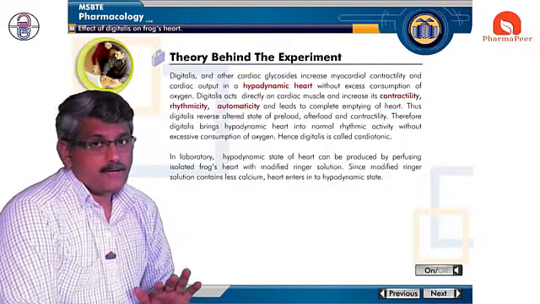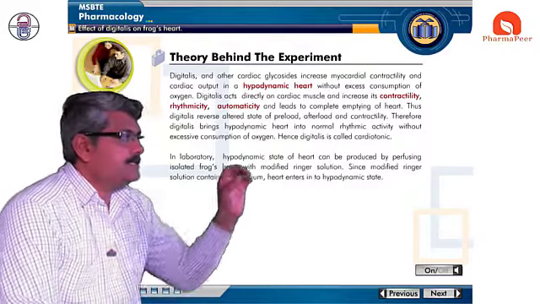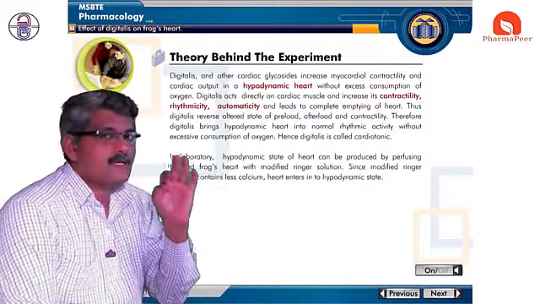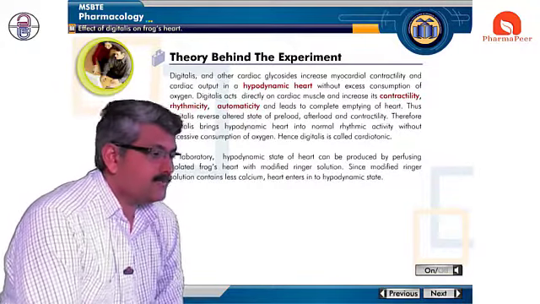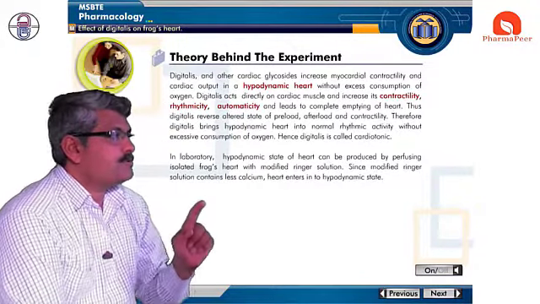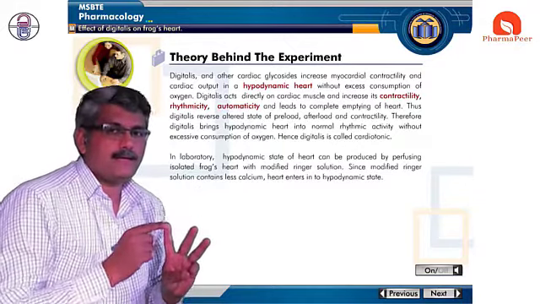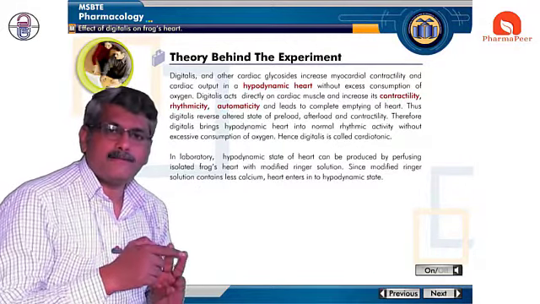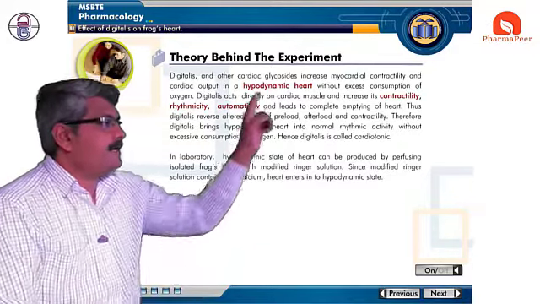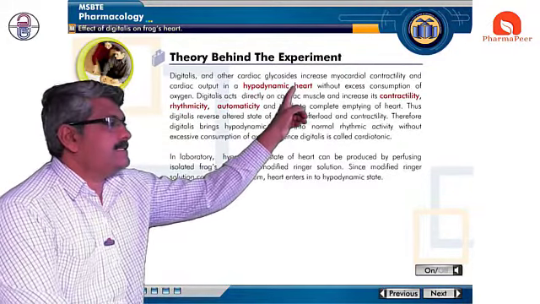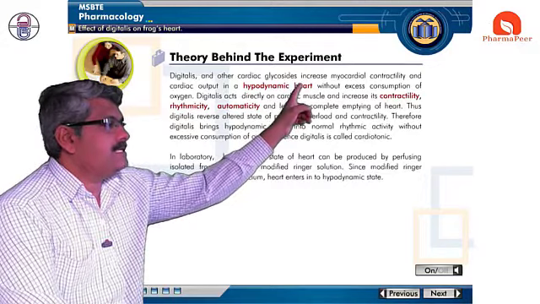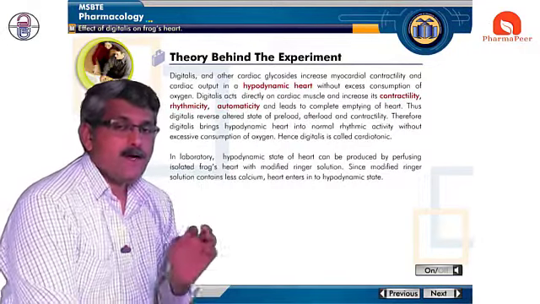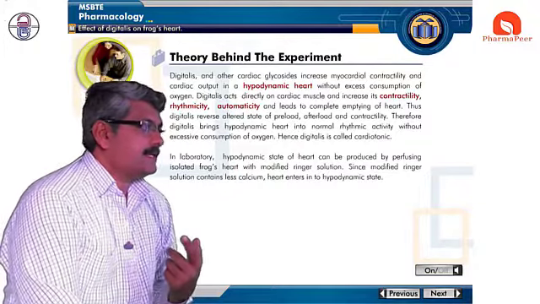Then what is the line of treatment for that? The solution is digitalis. What does digitalis do? Digitalis, along with its derivatives, acts on the three most important points where we have difficulties: myocardial contractility, preload, and afterload. On the first point, digitalis and cardiac glycosides increase myocardial contractility.